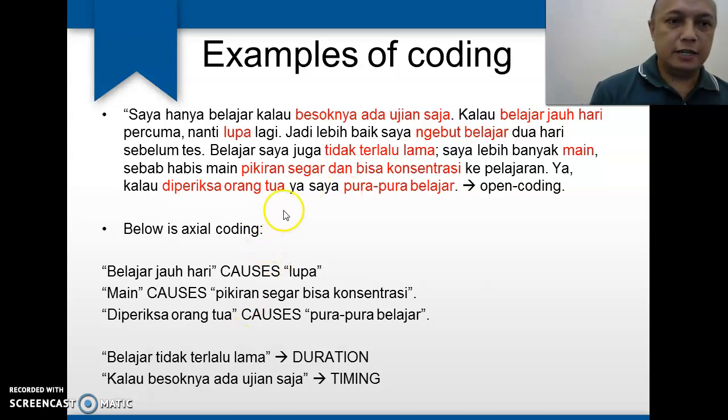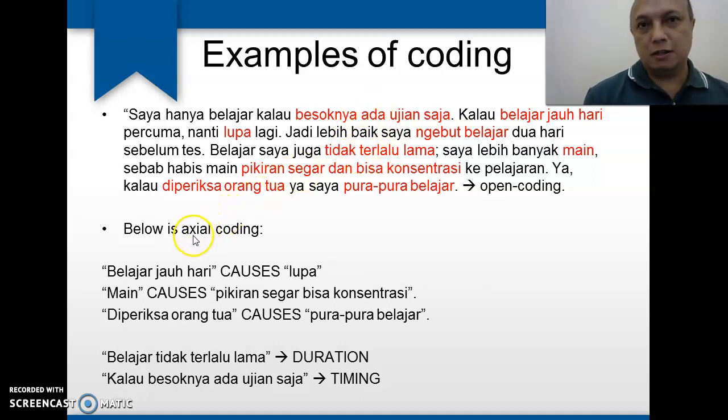And then after this open coding, you proceed to actual coding. In actual coding, again, you determine the relationship between the keywords that you have coded in the open coding. So, for example, "belajar jauh hari" causes "lupa."